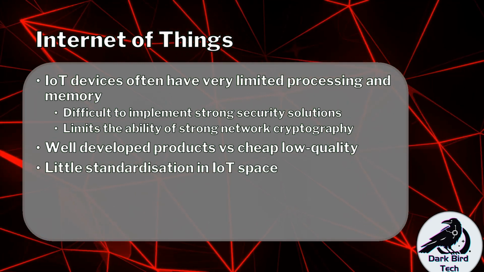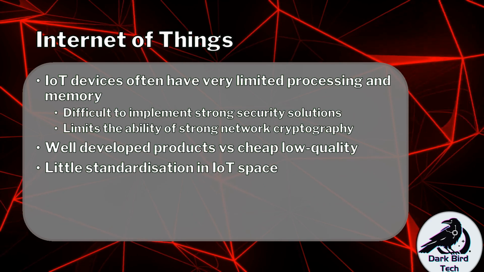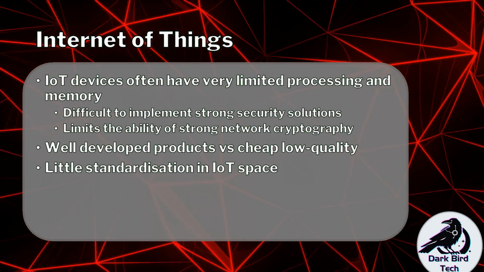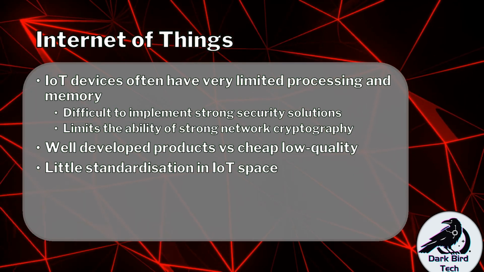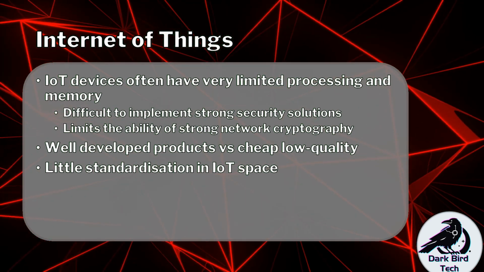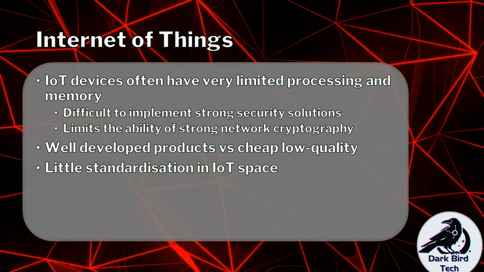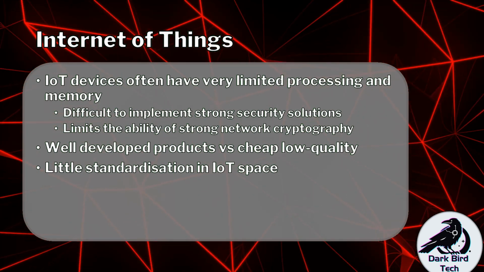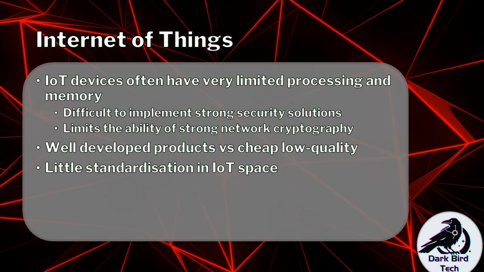Now, another challenge we have with IoT, very little standardization is happening in the IoT space. There are efforts right now underway to try and standardize IoT and make it more reliable, more secure, more predictable, all that good stuff. But we're nowhere near a point where there's a good standard that is widely utilized and implemented for IoT products.